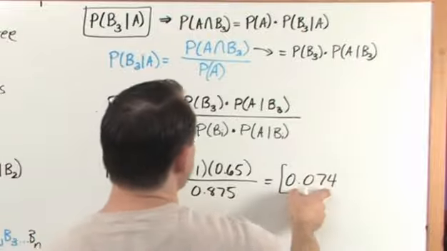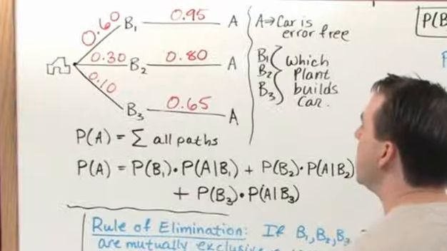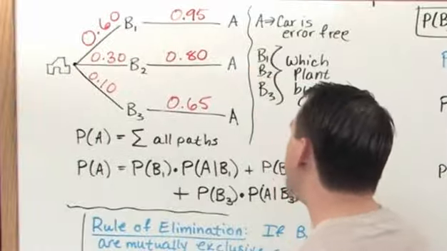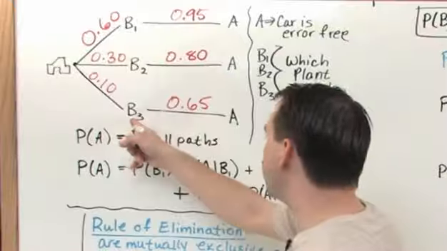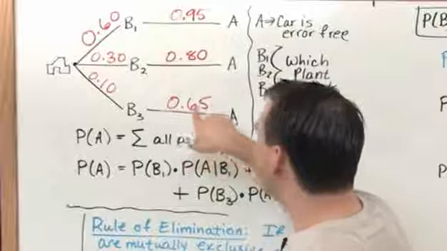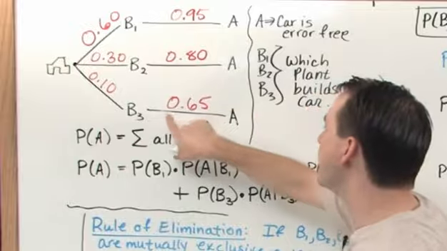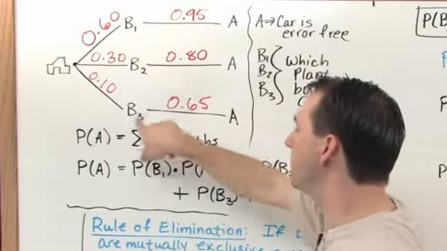And notice that this is a pretty small probability. Let's see if we can figure out why. Event A has occurred. That means I have a defect-free car. The reason the probability is so low that B3 actually built it is partly for 2 reasons. Well, plant B3 doesn't make very good cars anyway, because only 65% of them coming out are defect-free, so that's one strike against the car being built by B3.